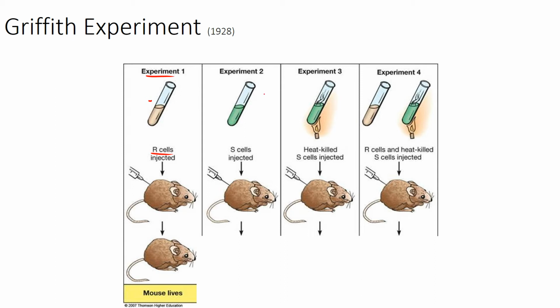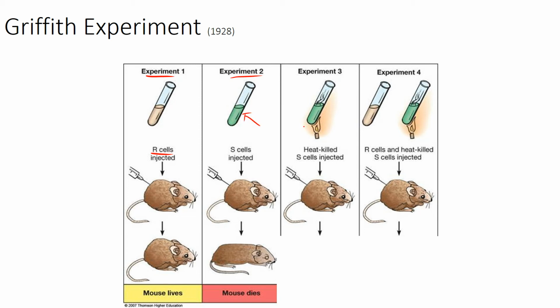Then in experiment 2, we take this different strain of bacteria. It's related, but it's a different strain. We inject it into the mice, and take a guess, they die. The next thing we can do is take this bacteria right here, the green one, that we've already established is dangerous. I don't know what's happening to my arrow.